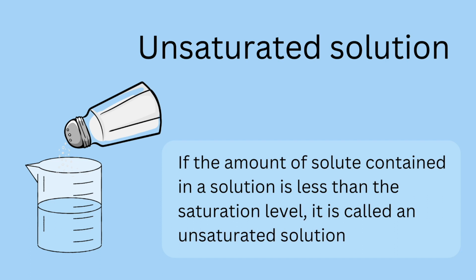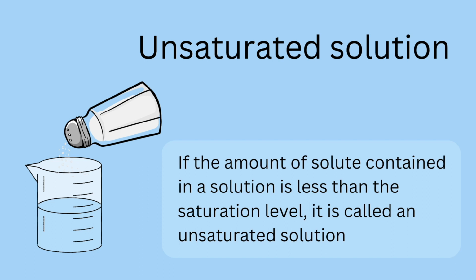Now the next is unsaturated solution. If the amount of solute contained is less than its saturated level, that is what we call an unsaturated solution. It just means that in an unsaturated solution, you can add a couple more spoons of salt or sugar and it will be able to dissolve. So the solute is present less than the saturation level, and solubility has not been achieved completely.